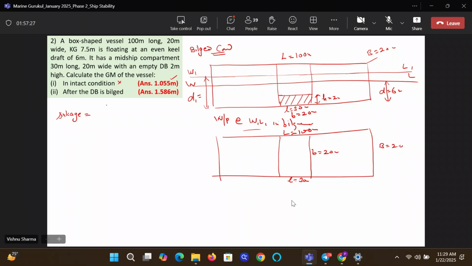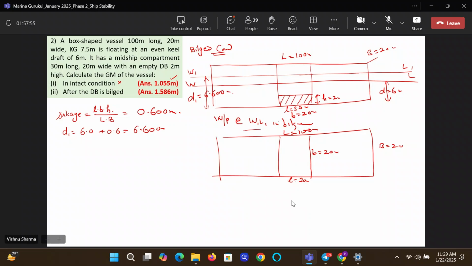So guys, the upper diagram says small l into small b into h is the lost buoyancy. The lower diagram says the intact water plane is L into B. When you put these values, you get this one. Am I right, class? Then D1 will be equal to 6 meters plus 0.6, that is 6.600 meters.